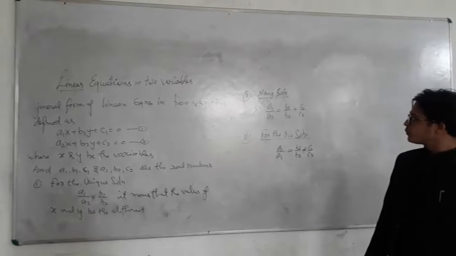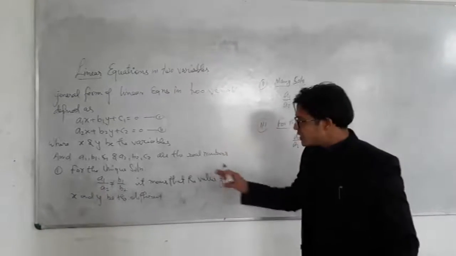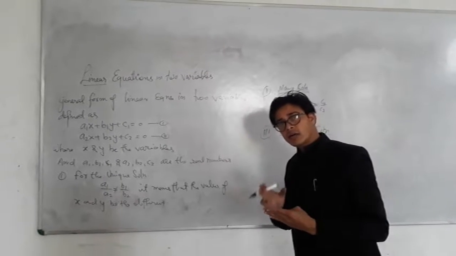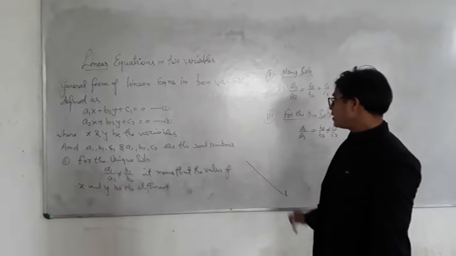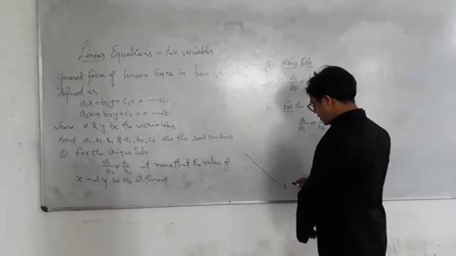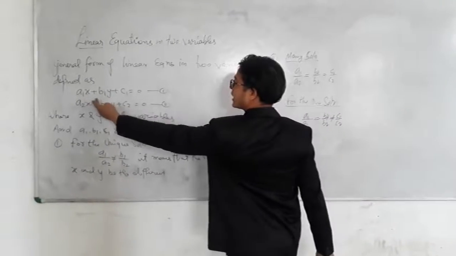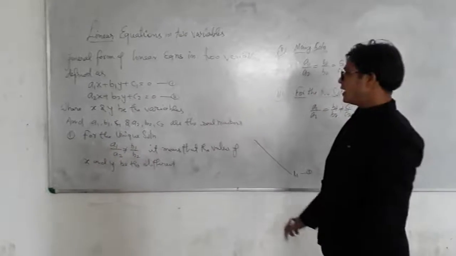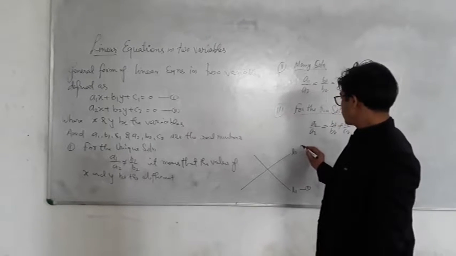Now the geometrical representation, how we understand it graphically. First, the system has a unique solution, which means the first and second lines both intersect at only one point. Suppose this is the first line L1 representing equation number 1, a1x plus b1y plus c1, and the second line L2 represents equation number 2.